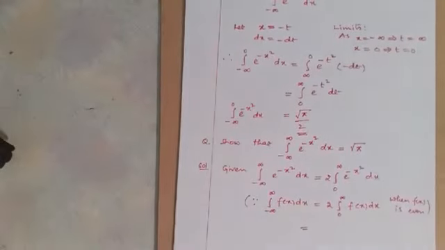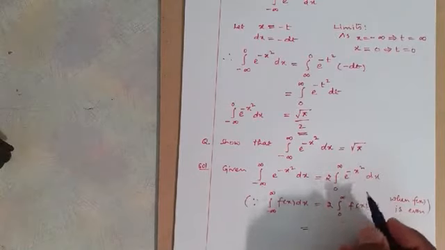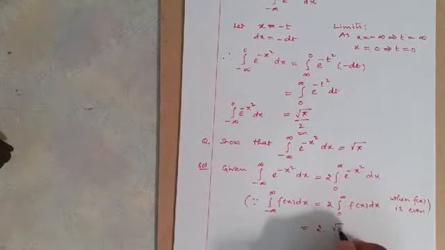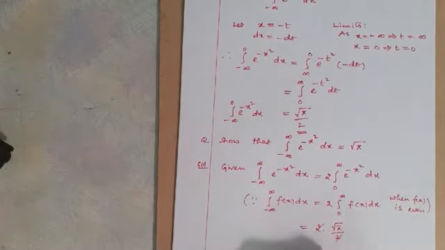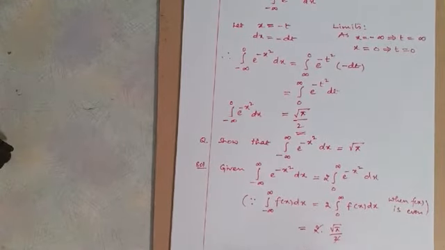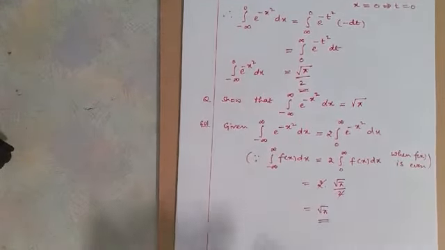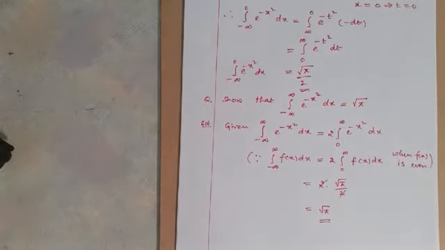Now this integral is nothing but 2 into root pi by 2 from the previous problem. Now when you cancel this 2, the answer will be root pi. So this is the way we do the problem. Now let us go for the next.